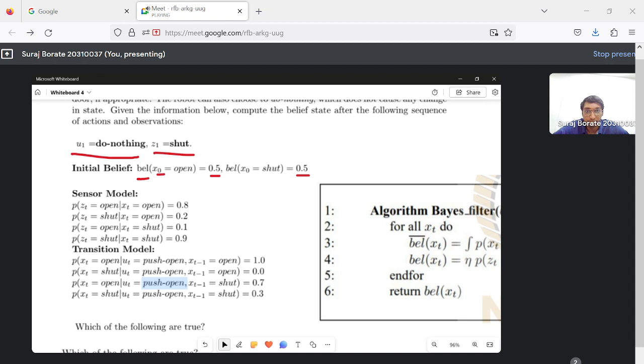So that will also be 0.5. Or you can use the formula and calculate it. It will turn out to be the same.